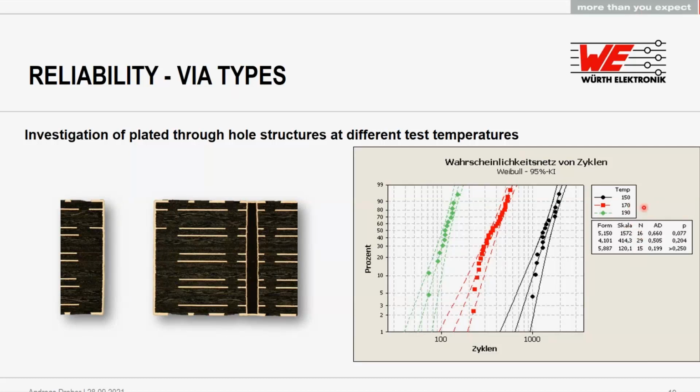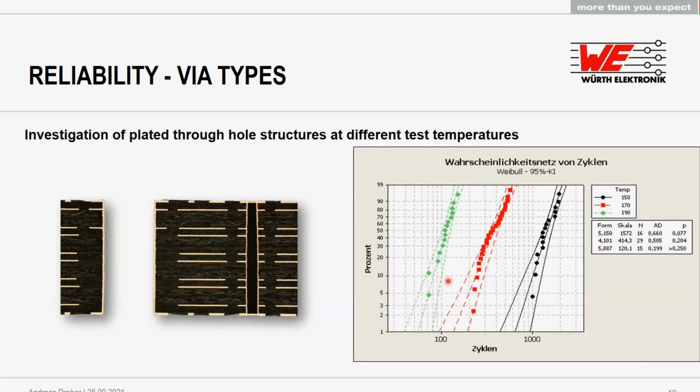By increasing with 20 degrees, the reliability goes down to 400 cycles, and at 190 degrees, actually the average failure was around 120 cycles, which is a very big impact and shows us to keep away from these high temperatures.